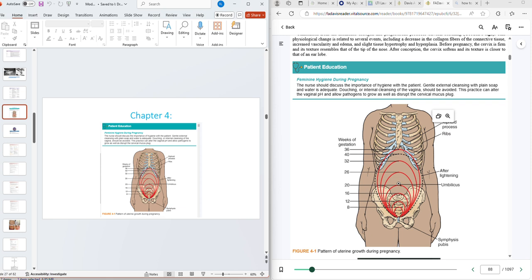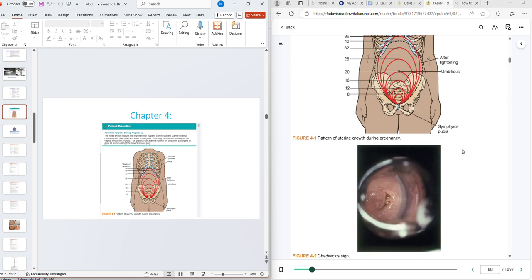At about 20 weeks it is at our umbilicus, and 36 to 40 weeks is at our xiphoid process, okay? That's something you need to know. So 12 weeks symphysis pubis, 20 weeks umbilicus, and 36 to 40 weeks is our xiphoid process, okay?